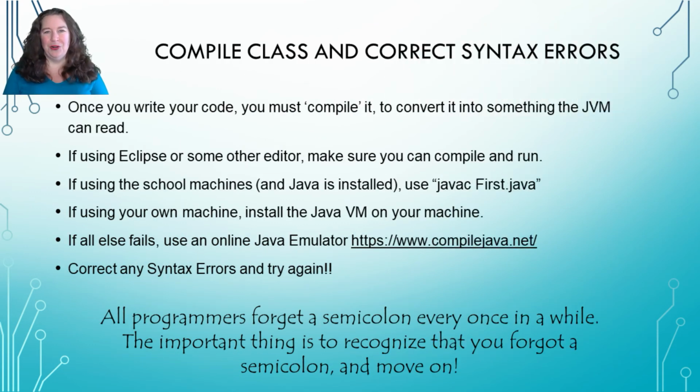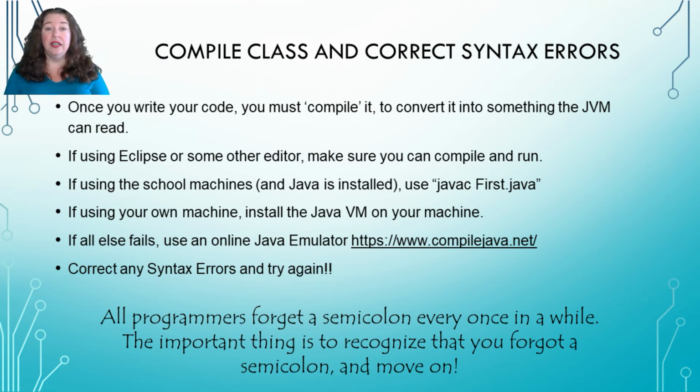So hopefully you ran your code and it worked, understanding a little bit about compiling and syntax errors. After you finish writing your code, you always have to compile it to convert it into the JVM. In Visual Studio Code, it compiles it for you when you hit the run button. The run will compile it. You don't have to manually compile it.